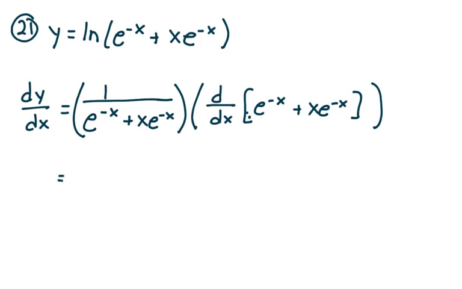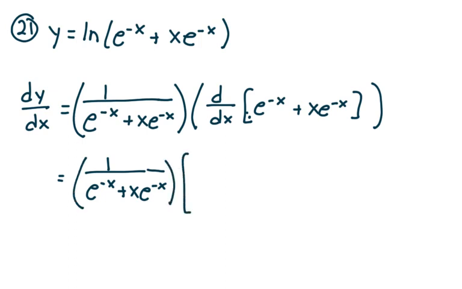So I get 1 over e to the negative x plus xe to the negative x. And I'm going to take that and multiply by, now the derivative of e to the negative x is negative e to the negative x. And I'm going to go plus, and then to take the derivative of xe to the negative x, I have to apply the product rule.